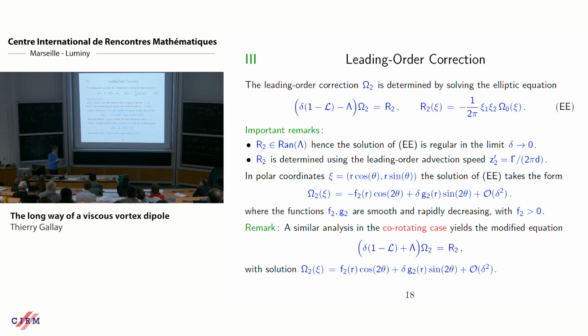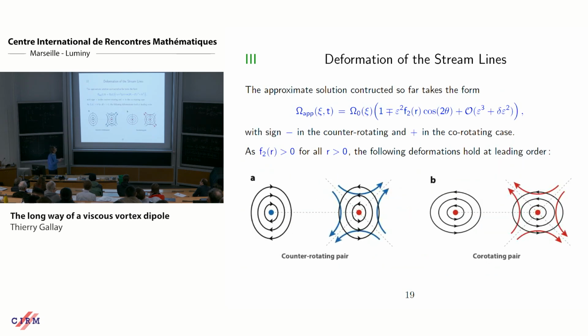Now you can return to the construction of your approximate solution and consider what you have done. You have done so far a second order approximation for which the leading term is the Gaussian, and then you have this correction here. And this correction accounts for the deformation of the streamlines due to self-interaction.